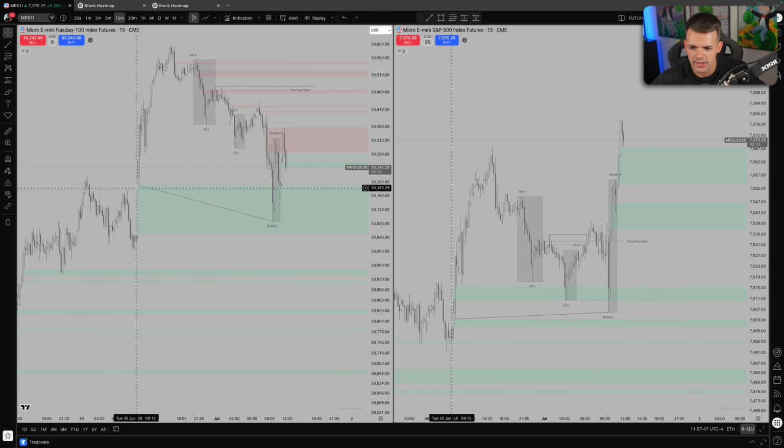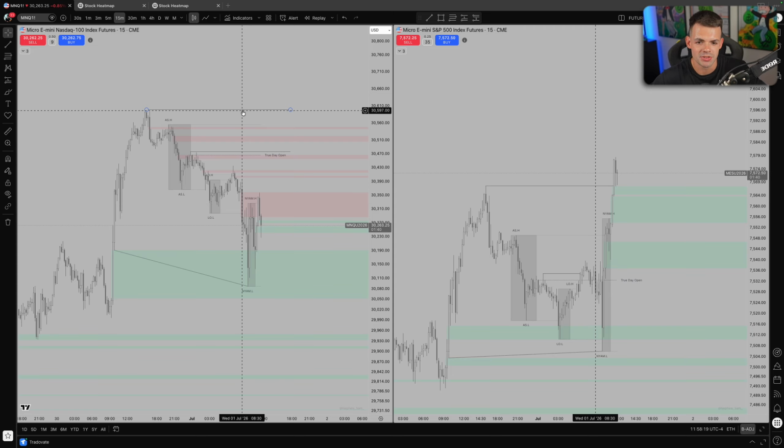So we can see that the S&P 500 is definitely stronger here. And we can also see it here. We see that the S&P 500 already took out that high. Meanwhile, on the Nasdaq, we are really far away from that high. So if we have a bullish bias, which asset do you want to long? Definitely the S&P 500 in this case.